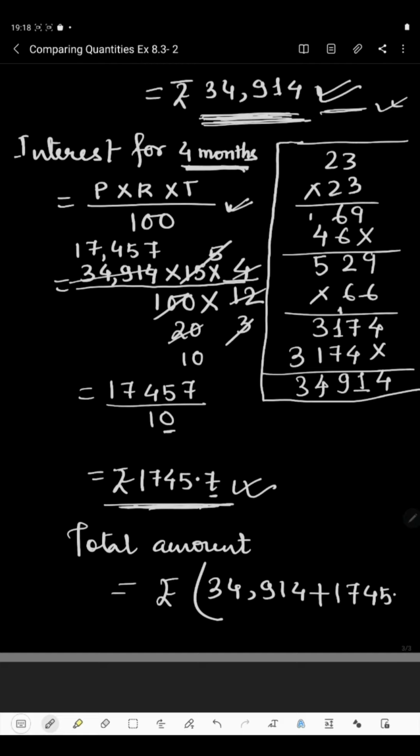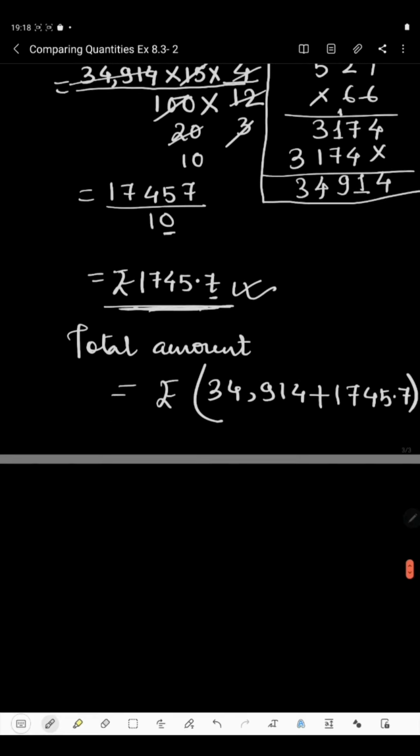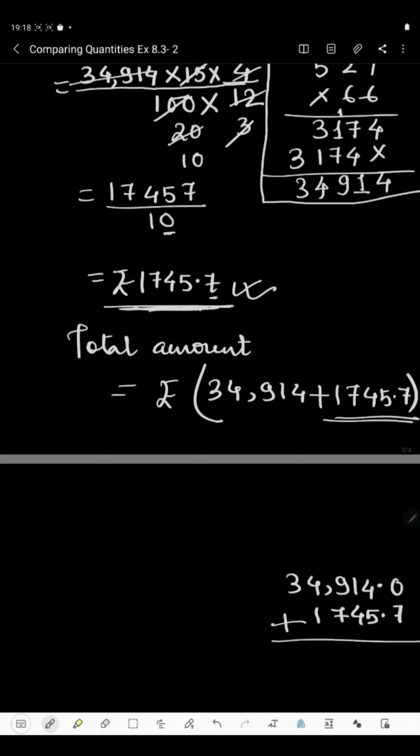Now how to add this? 34,914 is a whole number and this is a decimal number. After the decimal we have 1 digit, so 0.0. Now 1745.7. Always while adding or subtracting, remember you have to put the point below the point.